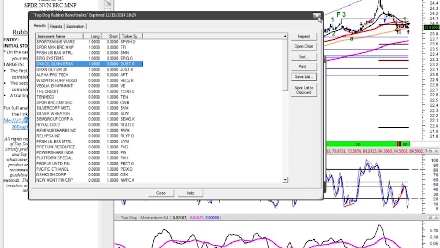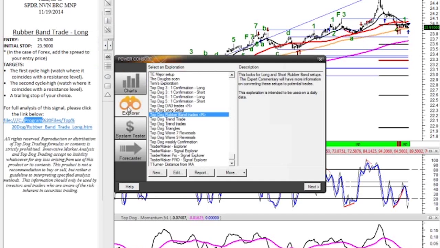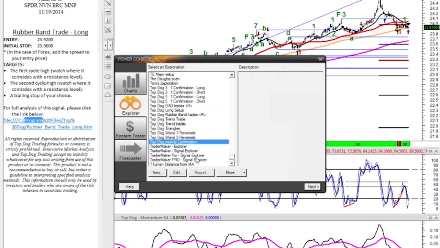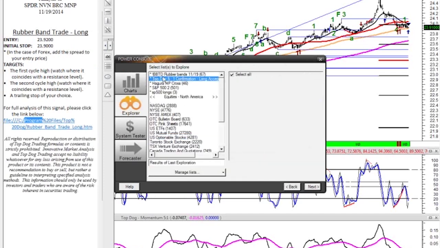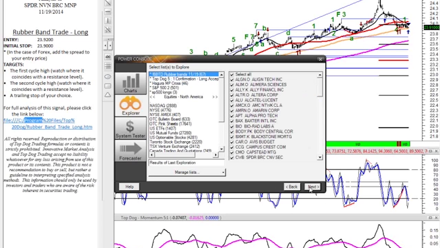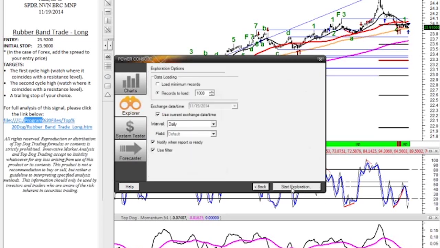Or I can come into the scanner again, go to the weekly confirmation, click Next, take the rubber band trades right here, click Next, and run this as a scan. That would weed out all the ones that didn't have that weekly confirmation. Obviously, I want to set it to weekly when I do that, because I'm doing the higher time frame.